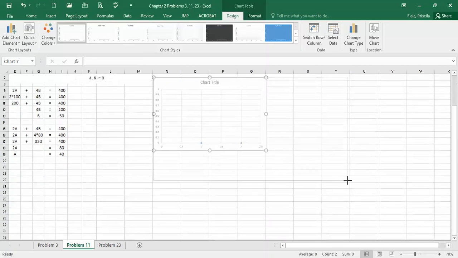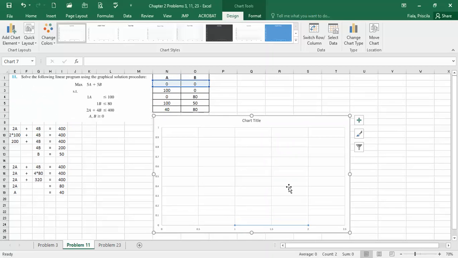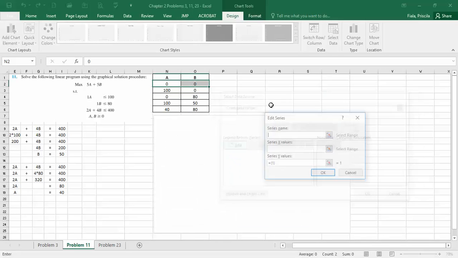Now I want to select the data. I actually want to switch everything around. I'm going to delete this first one because it didn't come out the way I wanted, and I'm going to add them now one by one.